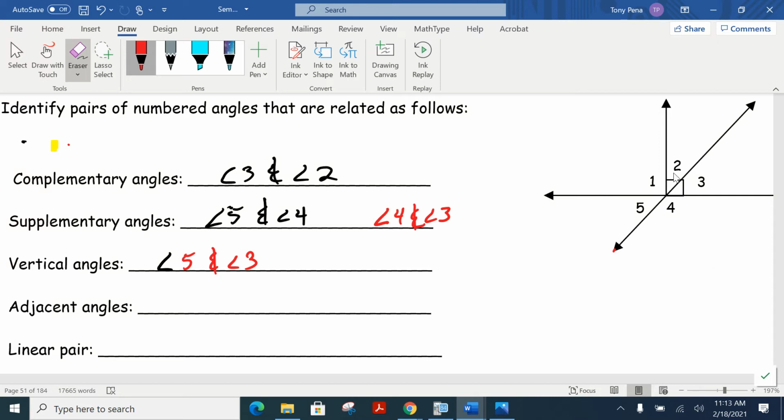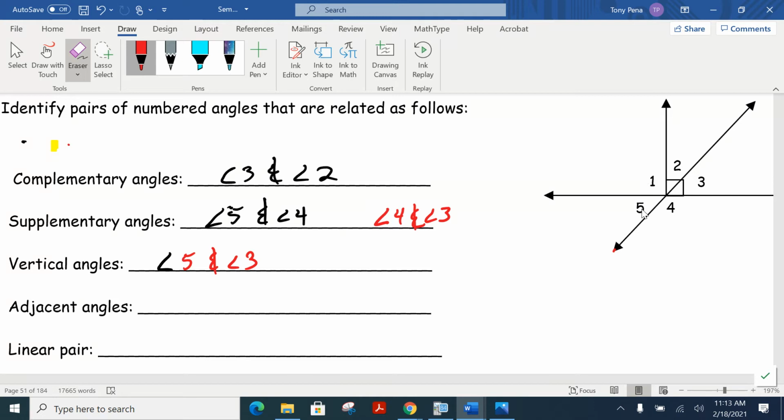Good. 2 and 3 are right next to each other. Good. Dahlia? Good. 5 and 4. I think there's one more set here. Alexis? Good. And then 2 and 1. Really, we could just go right around a circle, right? 1 and 2, 2 and 3, 3 and 4, 4 and 5, 5 and 1. All right, so we got a lot of them.